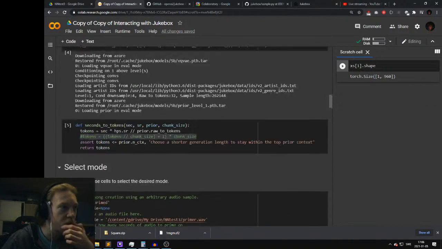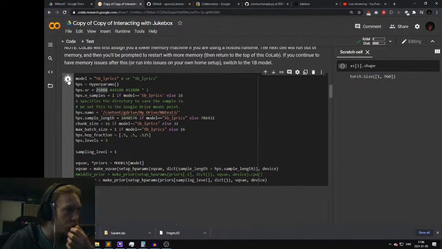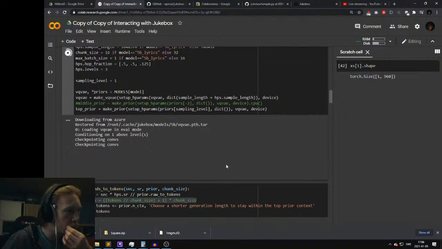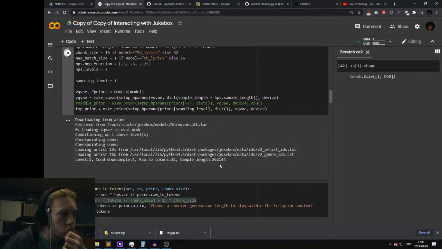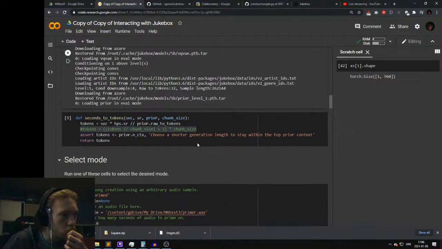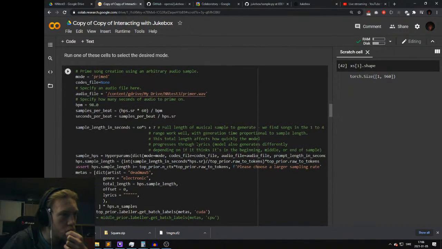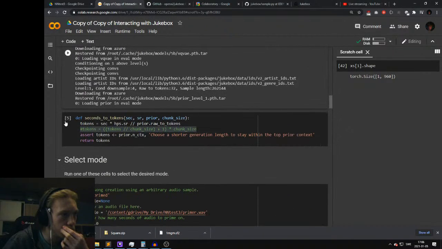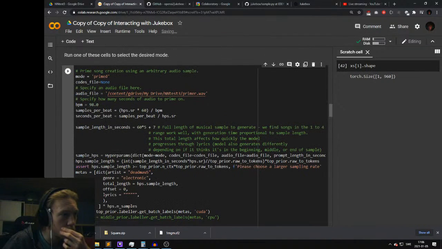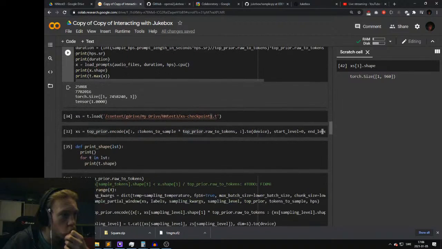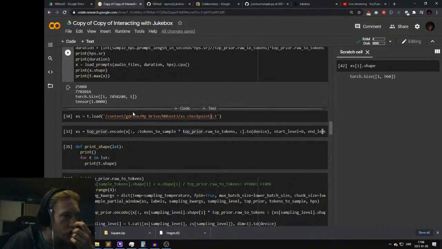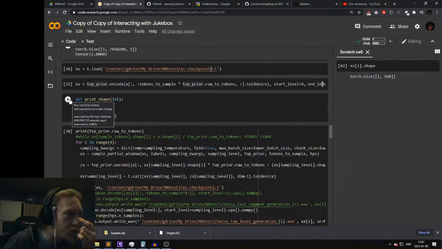Although it's not gonna like that, so let's create the top prior again. We don't want to load, because we already have it prepared.